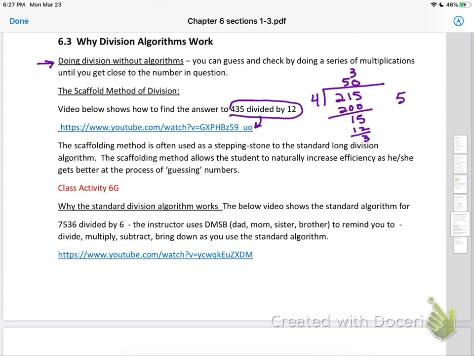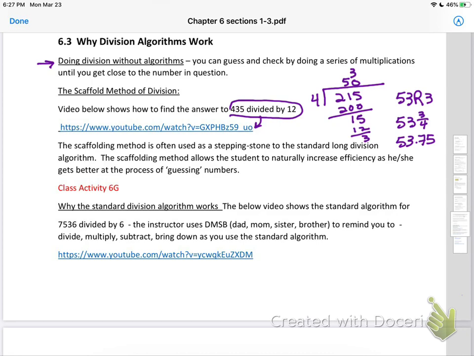So 53 remainder 3, or 53 3/4, which can be written as 53.75. Okay, so that's scaffolding. You build upon itself. Okay, that's as opposed to the standard algorithm. So let's do that next.